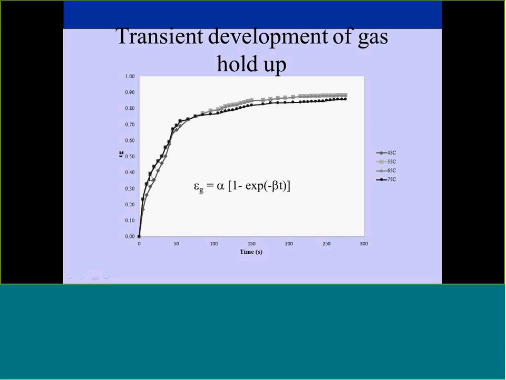So we actually correlate the hold-up variation as a function of time by this equation, and you can find the constants alpha and beta as a function of temperature. You can find it as a function of milk quality. You can find it as a function of sparger design, etc. Please note that these are not tall bubble columns. Most of the literature on bubble columns is for tall bubble columns.